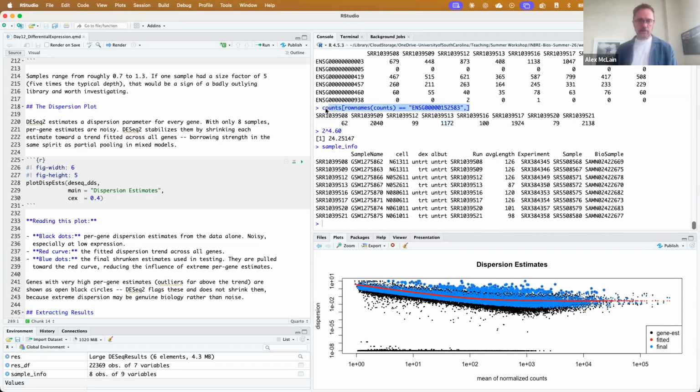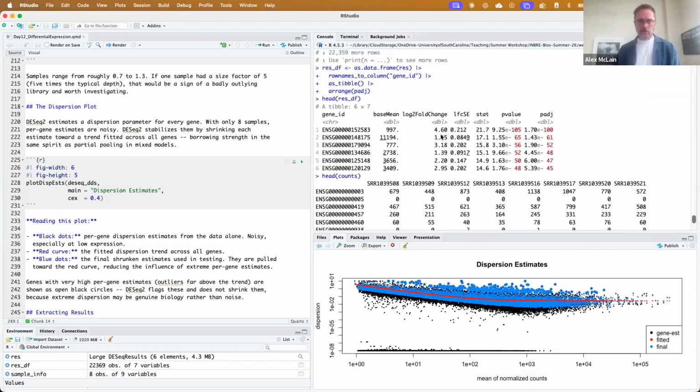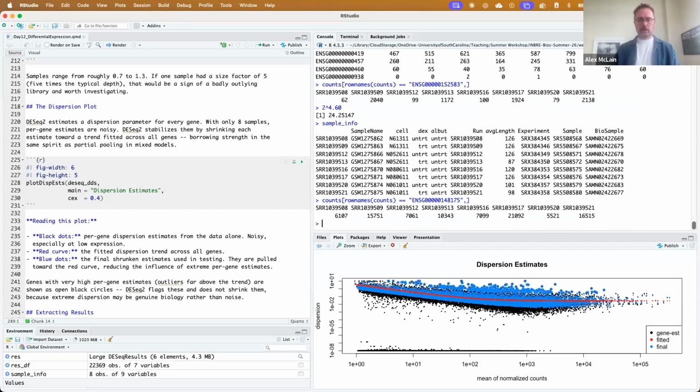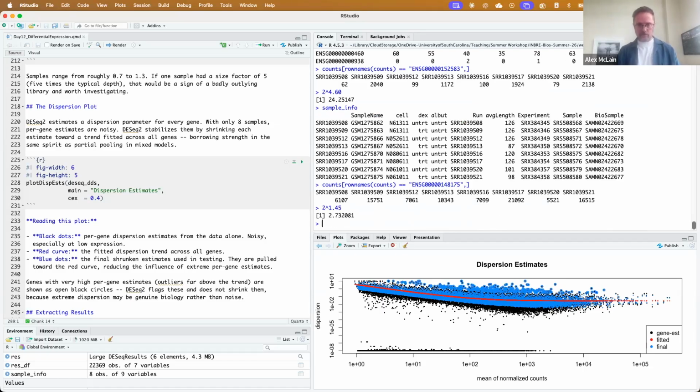Let's look at the second most significant one. The log2 fold change is not nearly as large, only 1.45. So it doesn't seem to be as much on the mean side. If we take 2 to the 1.45, the treated have 2.7 times the mean that the untreated do. There does appear to be a clear difference between these two.